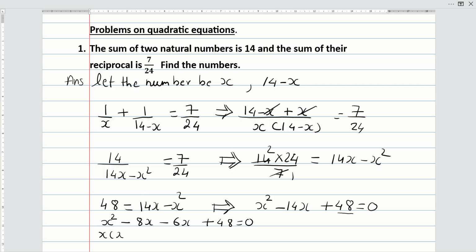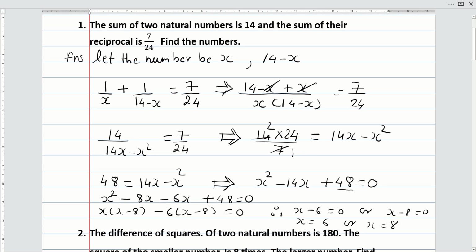So x minus 8 into x minus 6 is equal to 0. Therefore, x minus 6 is equal to 0 or x minus 8 is equal to 0. So the value of x is 6 or x is equal to 8.